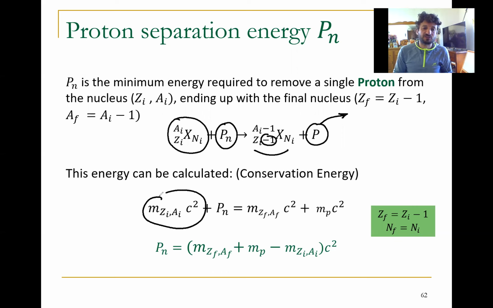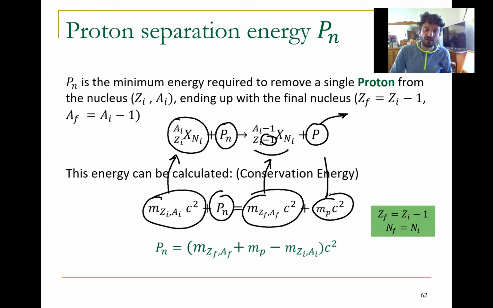The rest mass energy of the initial nucleus plus the proton separation energy equals the rest mass energy of the final nucleus plus the mass energy of the extracted proton. We can calculate Pn equals the nuclear mass final plus the mass of one proton minus the nuclear mass initial, times c square.